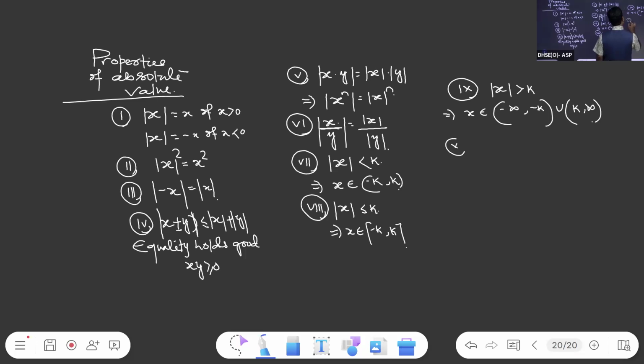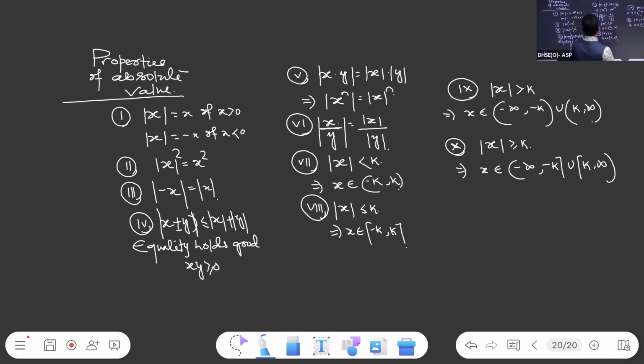And the 10th one, mod x greater than or equal to k implies x belongs to minus infinity to minus k closed union k closed to infinity open. These properties you have to remember because while solving domain range questions, you will need these properties.